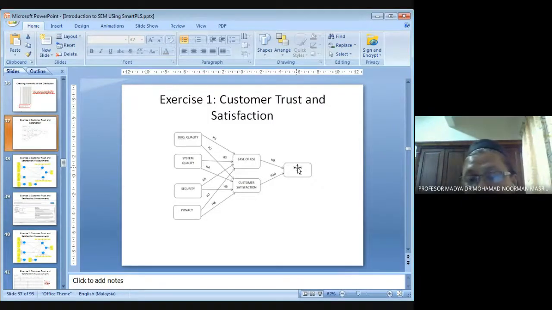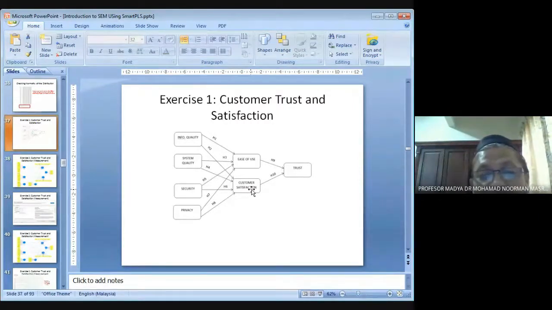Trust, ease of use, and customer satisfaction. So the research question that we can write is, what is the rating of user in terms of trust, ease of use, and customer satisfaction with the mobile banking services?